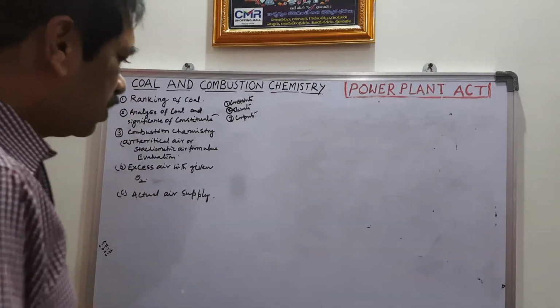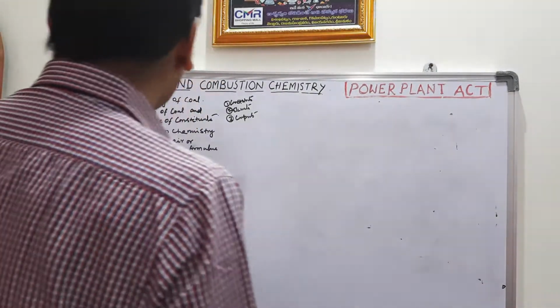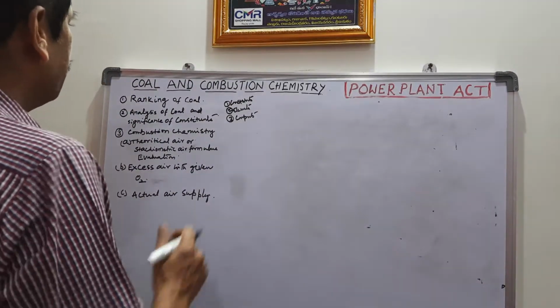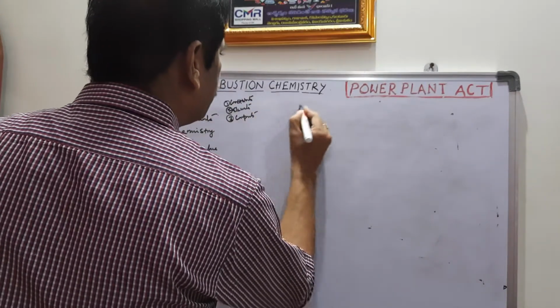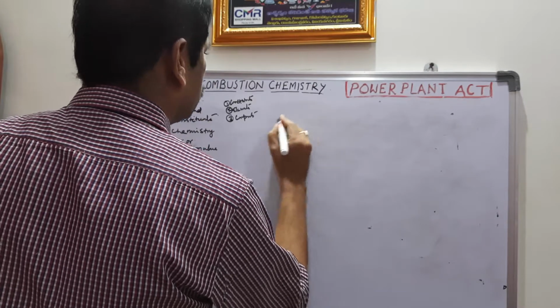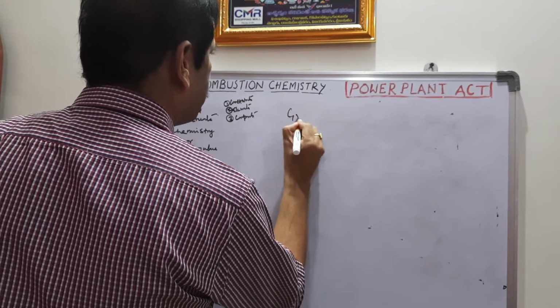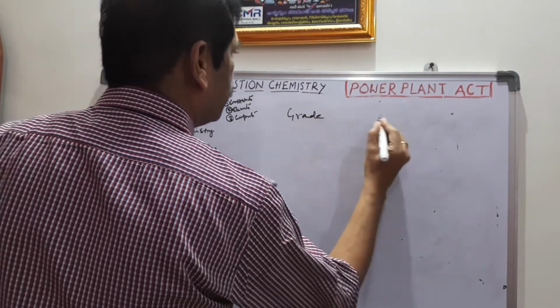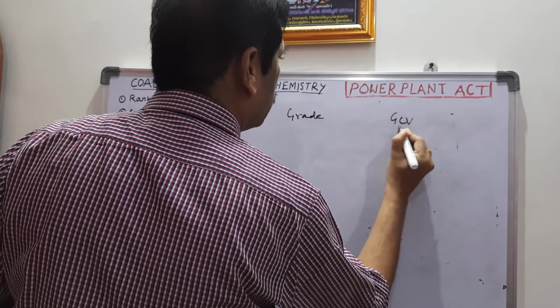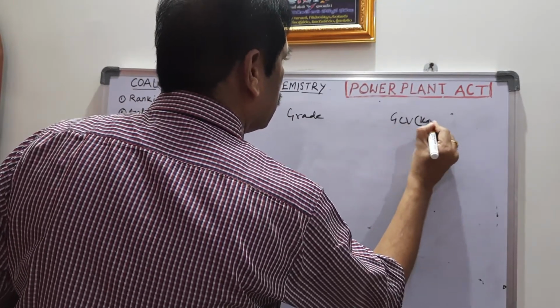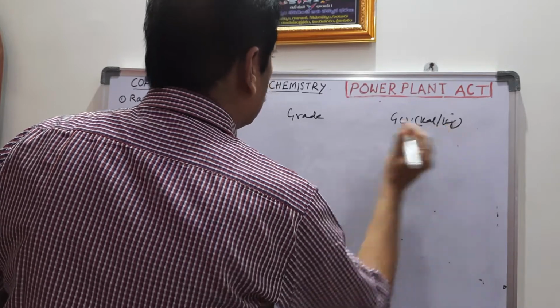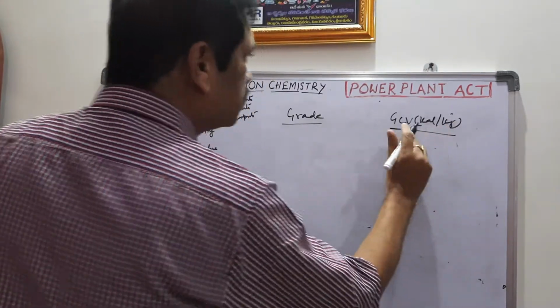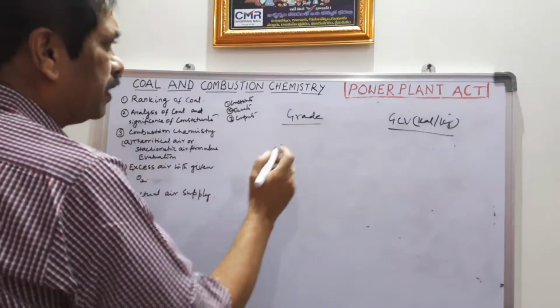As per the gross calorific value of coal, the coal is ranked into 7 groups, grades and the gross calorific value in kilocalorie per kg.